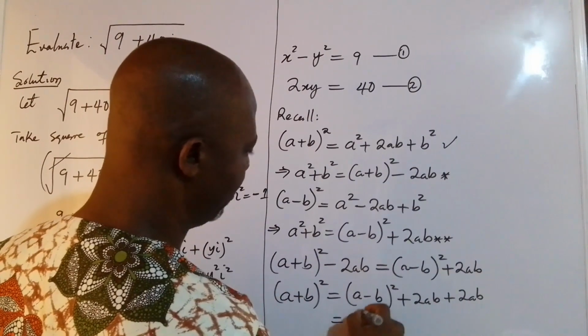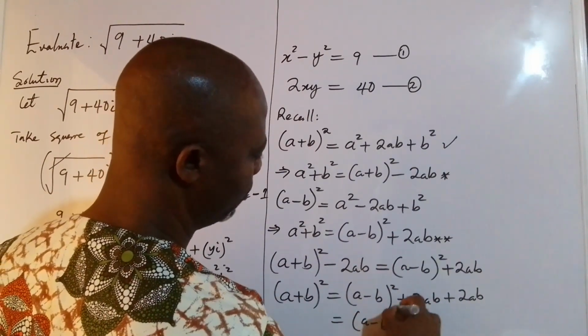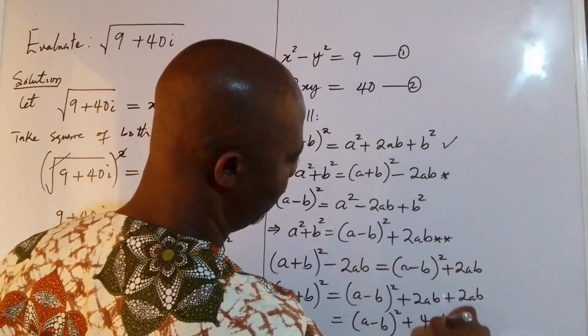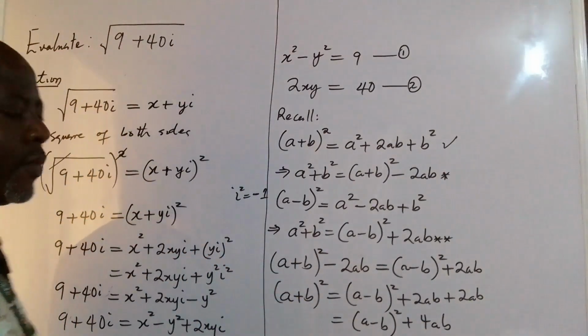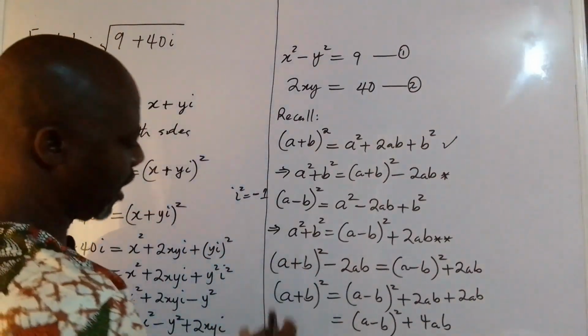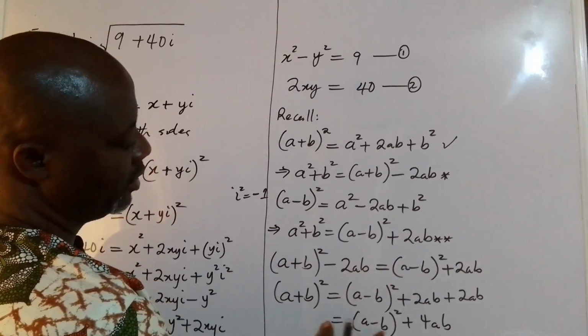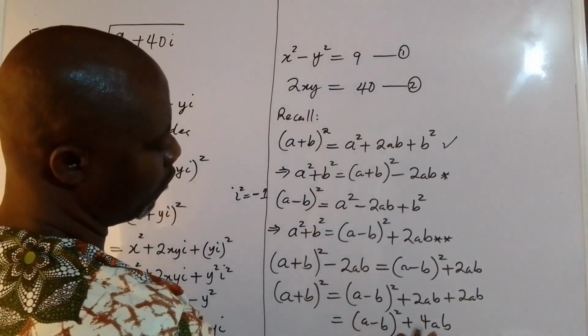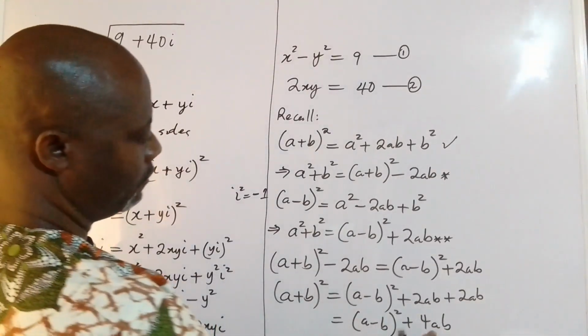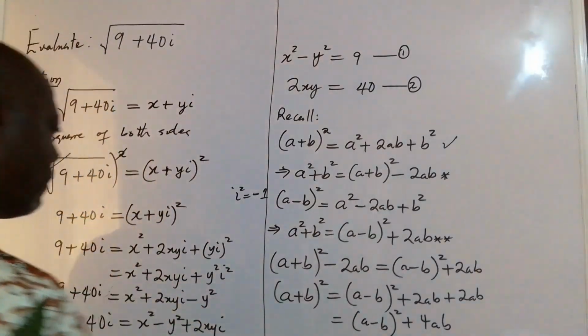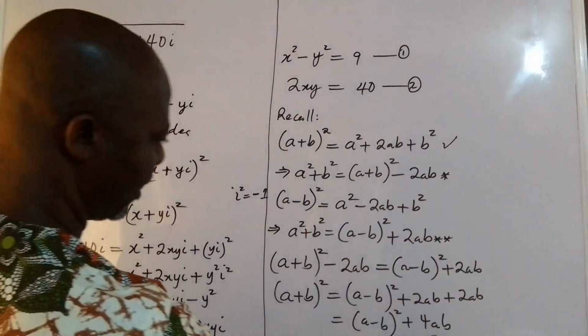So that will give me (a minus b) squared plus 4ab. It means that (a plus b) squared, the square of a sum, is the same thing as the square of a difference plus 4ab. Now I'm going to make use of this.